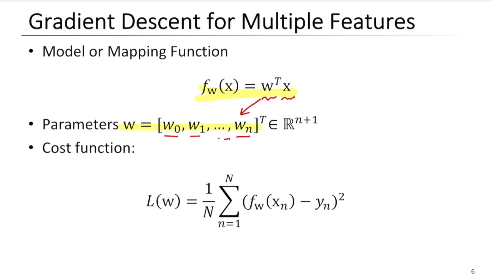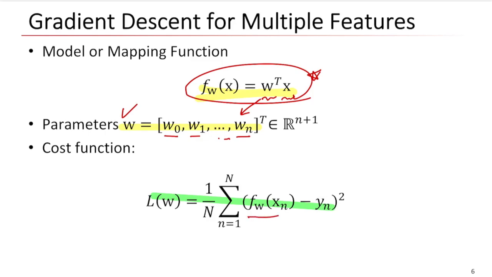What we want to do is to choose or estimate this parameter w that minimizes the difference between the ground truth output and the output estimated with this mapping function, right? It is exactly the same as the single variable regression problem. So we also need a cost function that looks like this.